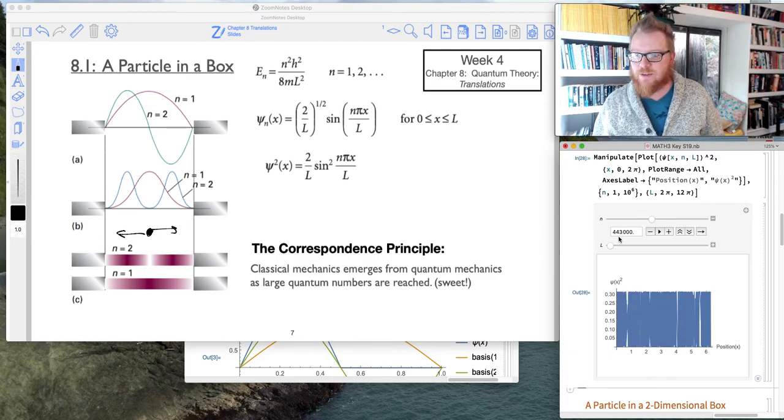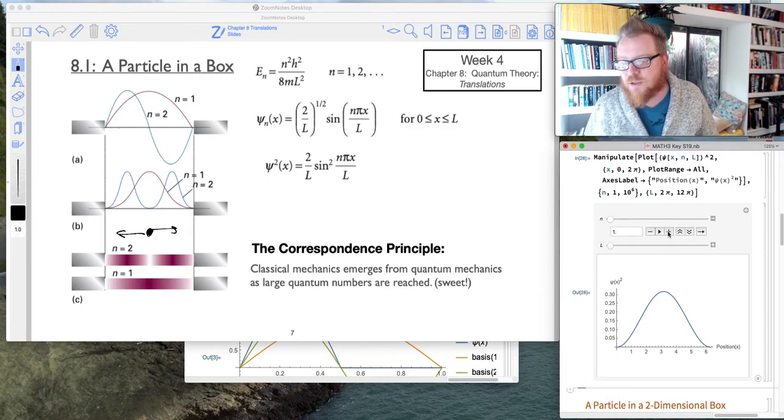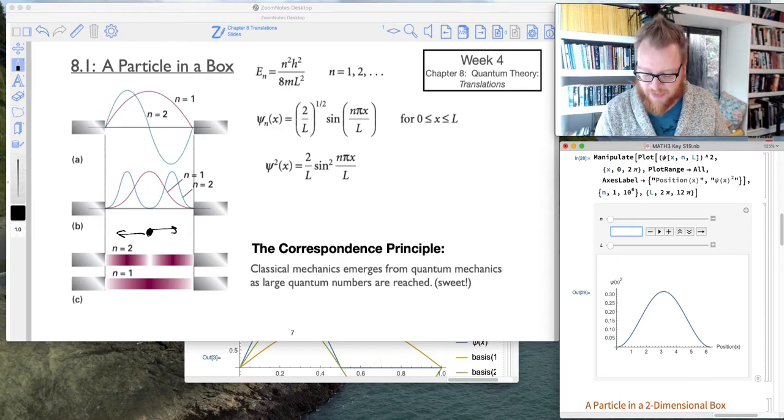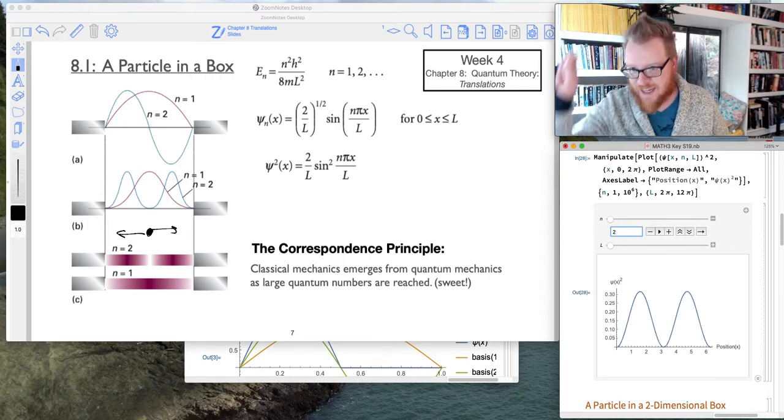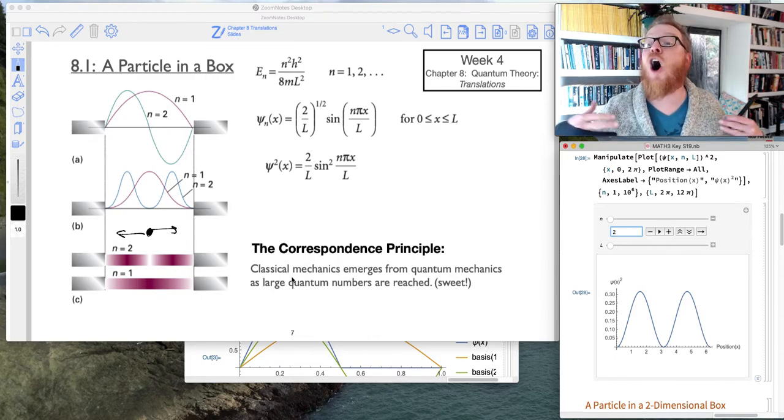Even if I go down to 400,000 or 200,000, at these humongous values of n, it's basically showing that the particle can exist anywhere along the box. Not until I get down to very small values, like 1 or 2, do I get these quantized exact positions where I expect the particle to exist. That is what we call the correspondence principle, which states that classical mechanics emerges from quantum mechanics as large quantum numbers are reached.